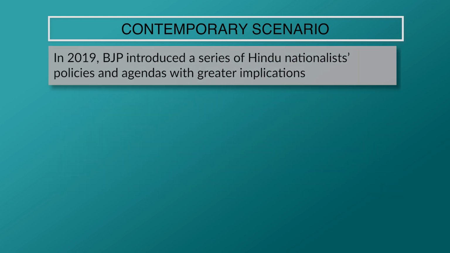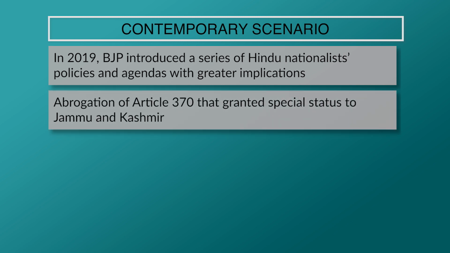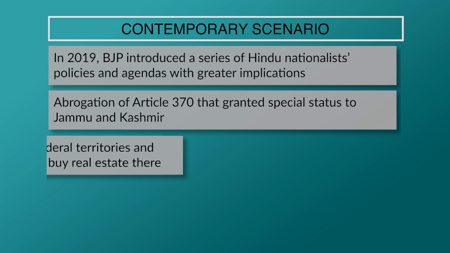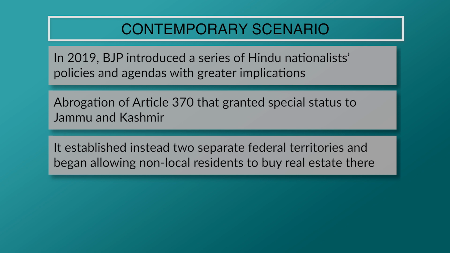In 2019, BJP introduced a series of Hindu nationalist policies and agendas with greater implication. Abrogation of Article 370 that granted special status to Jammu and Kashmir. It established instead two separate federal territories and began allowing non-locals to buy real estate there.